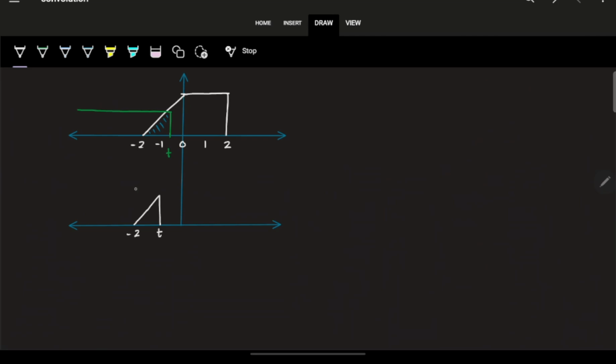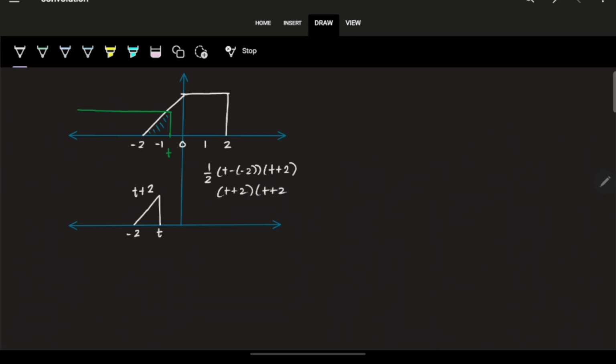So we have t plus 2 as our amplitude. So game, we have 1/2 base. Base is t minus -2, times height. Height is t plus 2. So t minus -2, so that is t plus 2.